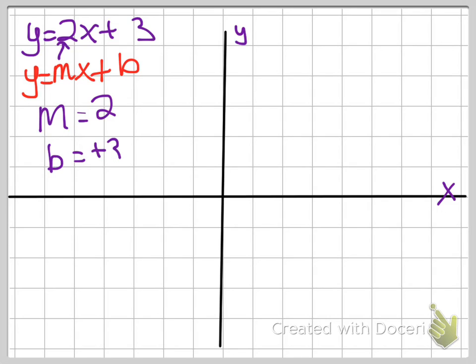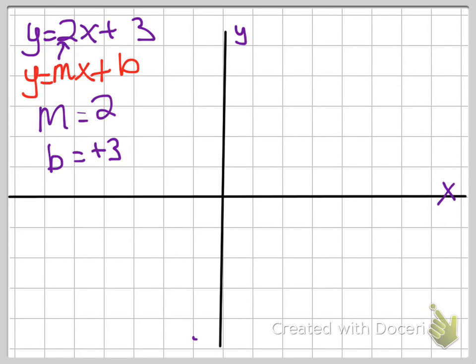It's positive 3. Okay? Now, a little side note here. What I like to do first is there could be a lot of lines with that slope of 2. Okay? What I know for a fact is my y-intercept is positive 3.